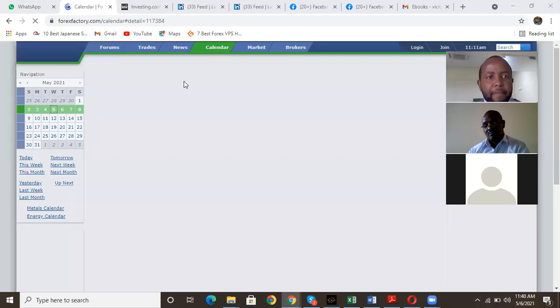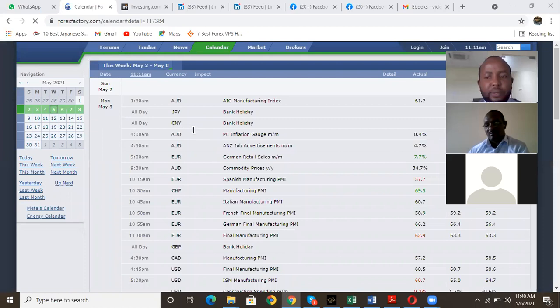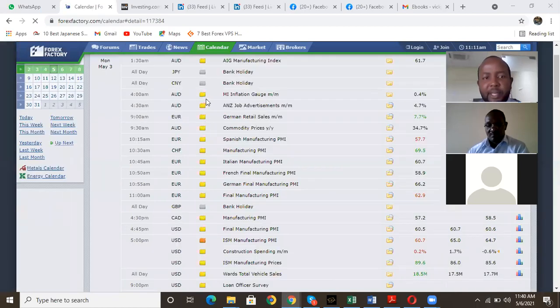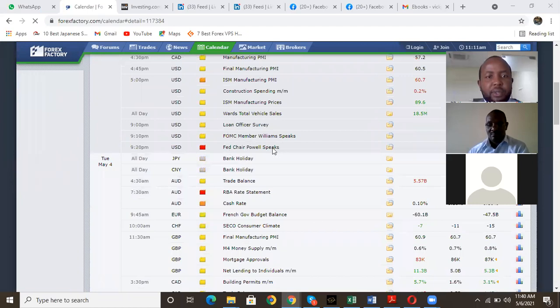We also look at interest rates. For example, this is from Monday the 3rd. There was a holiday, but here the Fed chair was able to speak. All you need to do is look at this point, so you're able to see how this affects us.